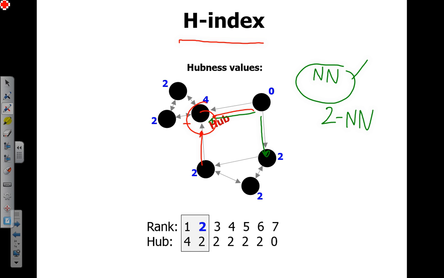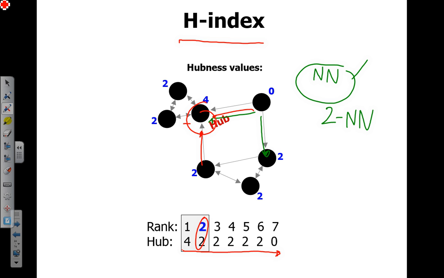And it's done as follows. So first we take all of these hubness values for each of the points. We sort them in decreasing order here. So biggest first, and then smaller ones and smallest last, and then we select the rank that basically equals the hubness value.